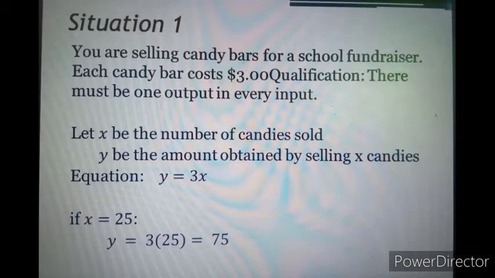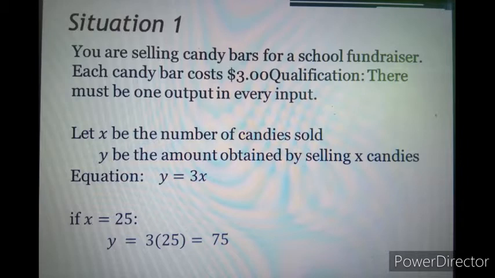Let us apply that to situation number 1. By simplifying, we can let the variable x represent the number of candy bars that you sell, and y represent the amount of money you make. If you sell x candy bars, you'll get $3x, or in equation form, y equals 3x.